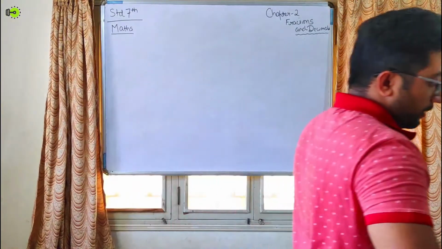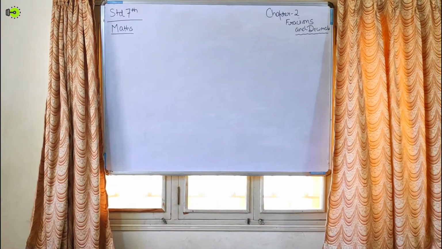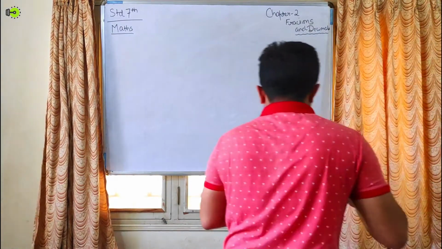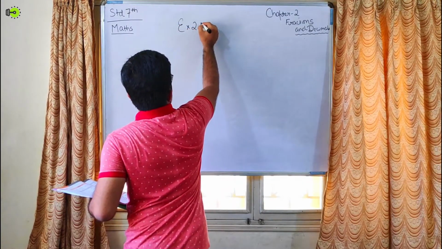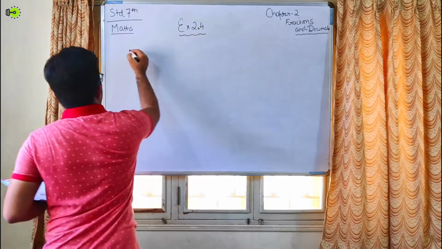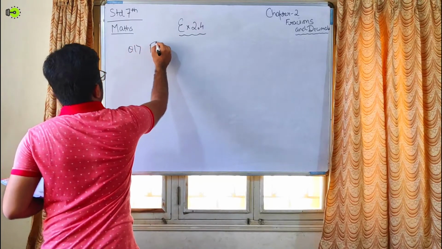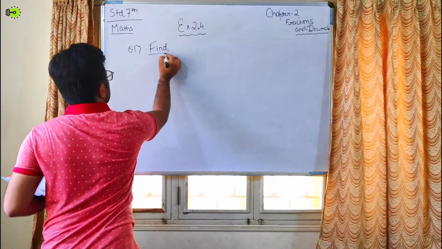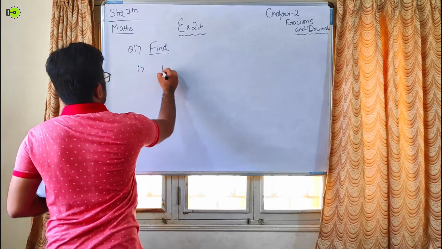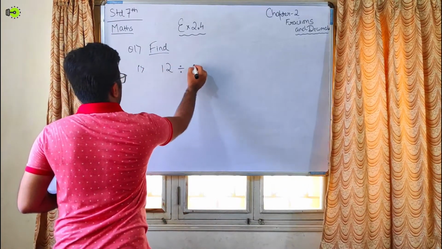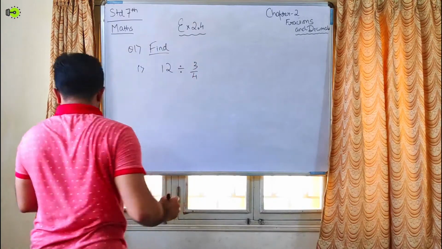Okay, moving towards exercise 2.4, question number 1. Let us try to solve the same. Exercise 2.4, question number 1 is find. Okay, these are simple sums. The first one is 12 divided by 3 by 4.